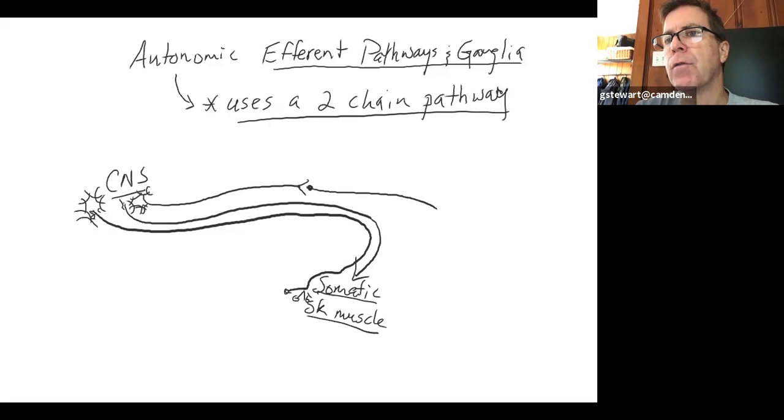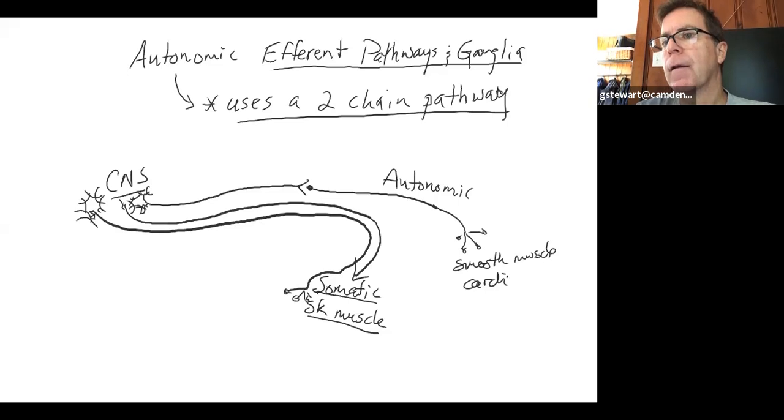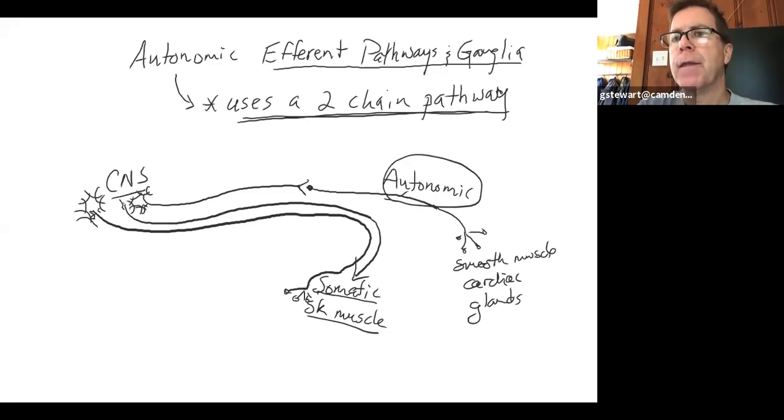So this is the autonomic. And then the termination is on the effector organ, which is smooth muscle, cardiac, and glands. The key is this pathway of the autonomic nervous system, it's a two-chain system.